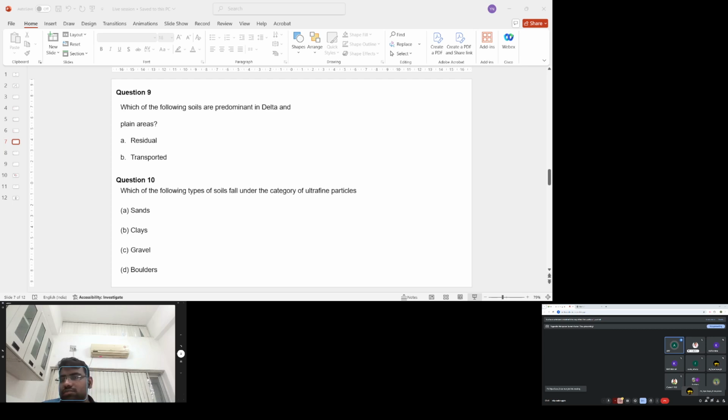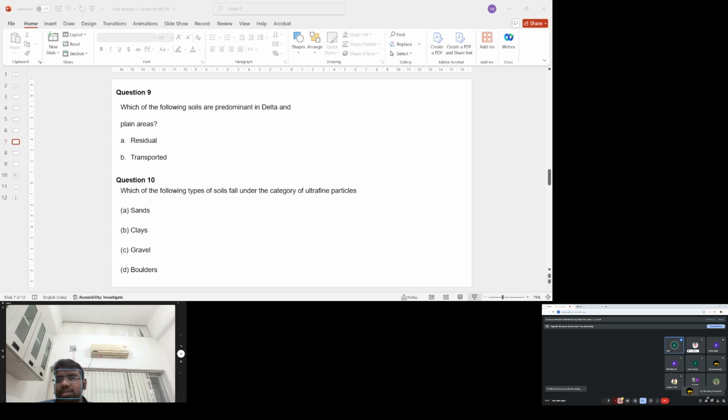Okay. Any other? Why residual? Because in the plain areas there is no option to transport the soil. Okay. Let me give you a situation. There is a river which comes from a hill, and it enters a plain, right?